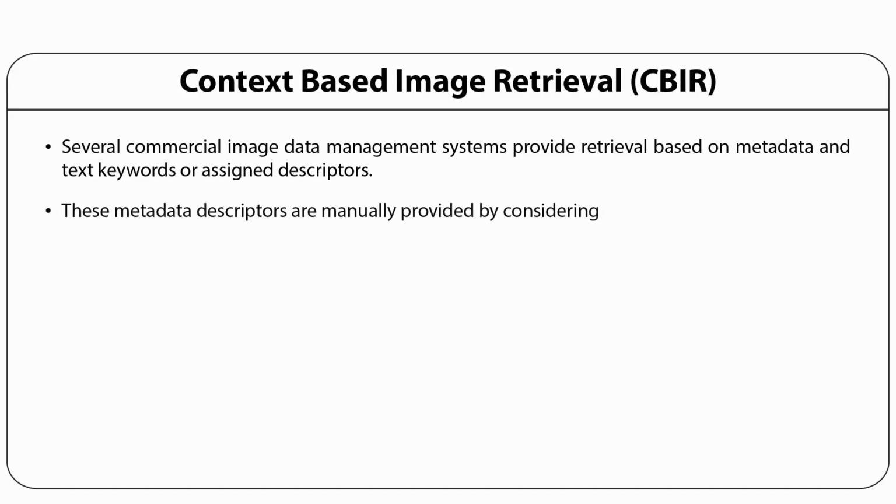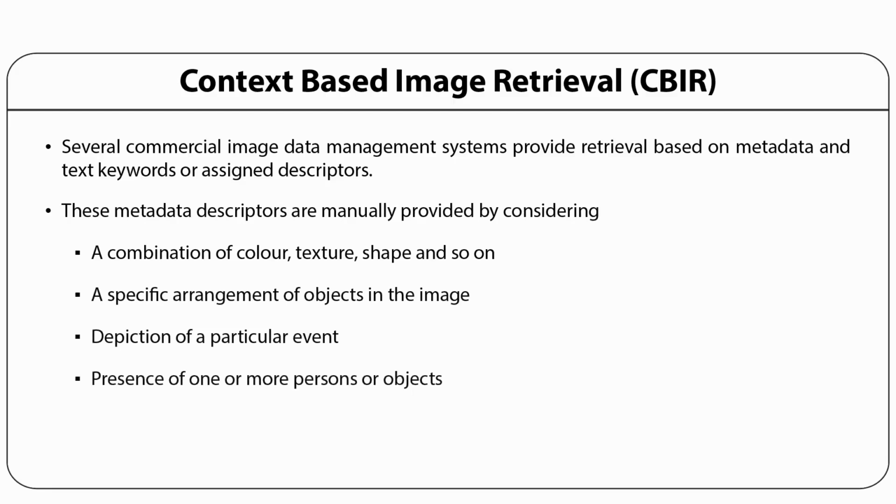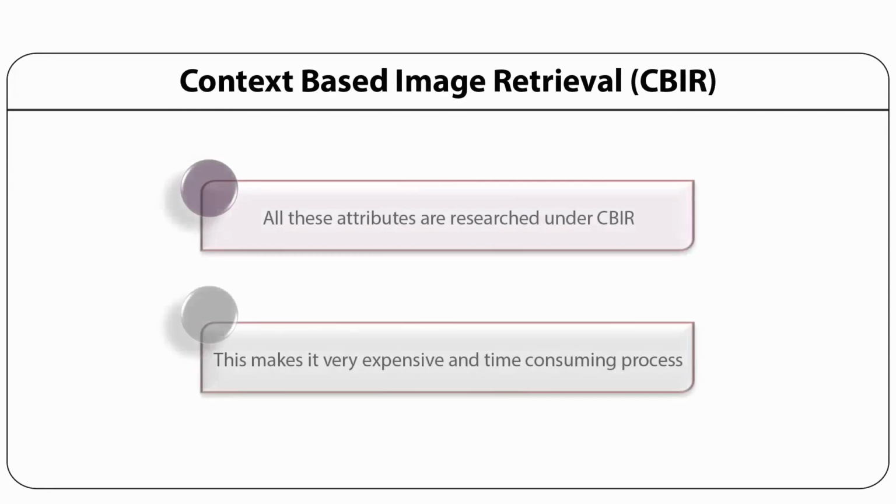These metadata descriptors are manually provided by considering a combination of color, texture, shape, and so on, a specific arrangement of objects in the image, depiction of a particular event, presence of one or more persons or objects, presence of a specific location, emotion attached to an event or a person, and so on. This makes it a very expensive and time consuming process.